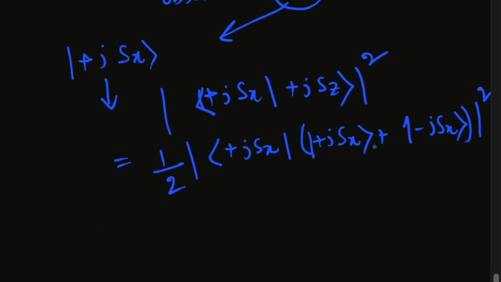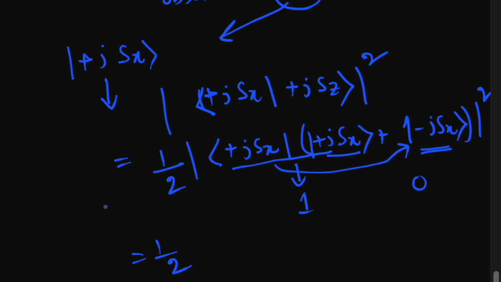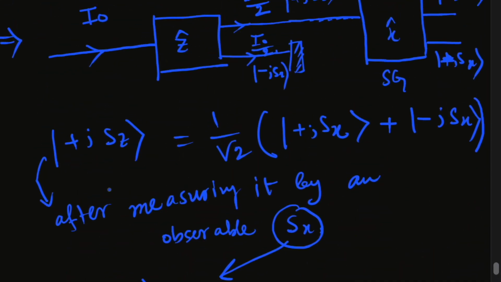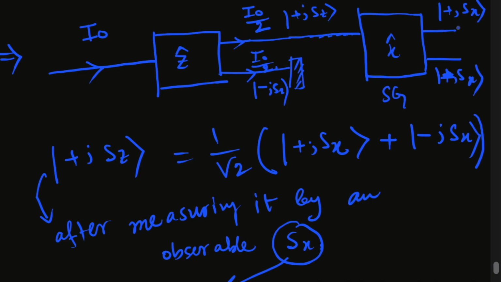And since these two are orthogonal states, this will give us one, the orthonormal state, and this will give back 0. So that means the intensity after passing through this apparatus will become half and half.